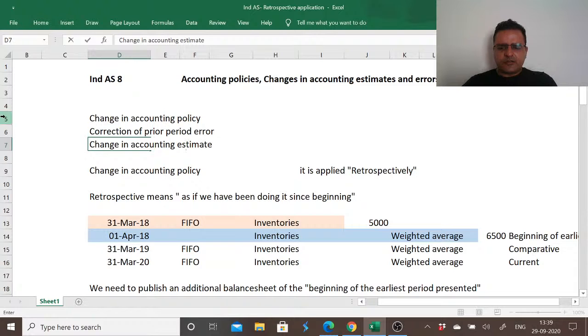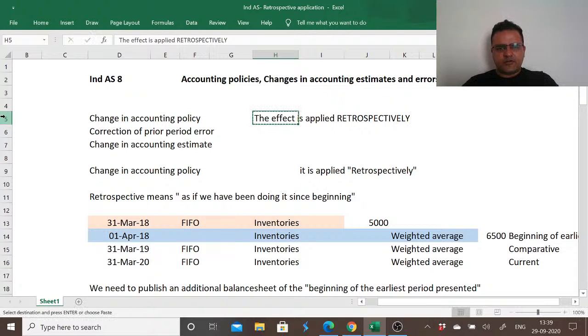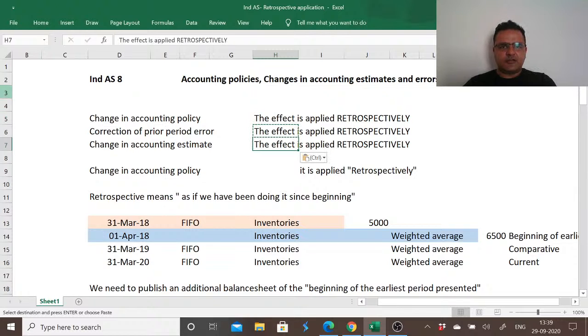For change in accounting policy and correction of prior period error, the effect is applied retrospectively. For change in accounting estimate, the effect is applied prospectively.